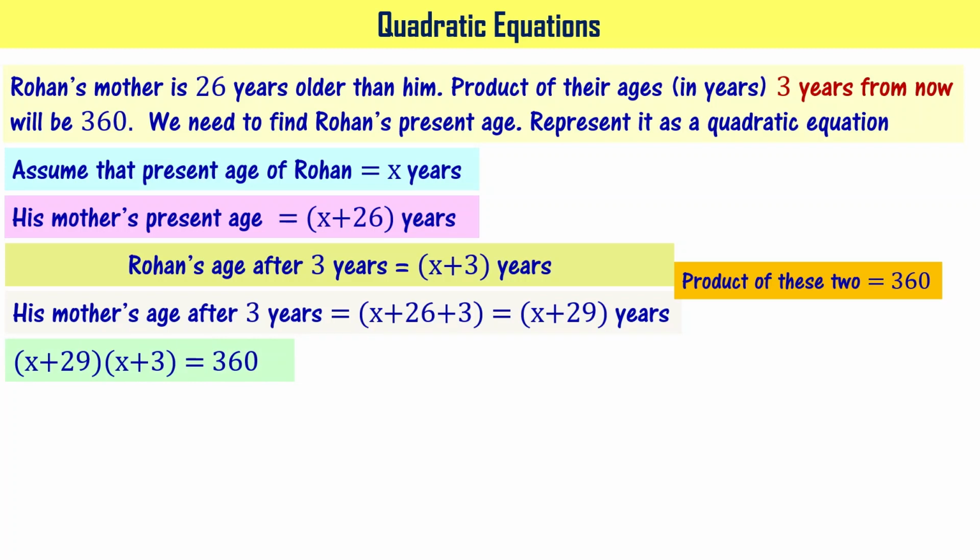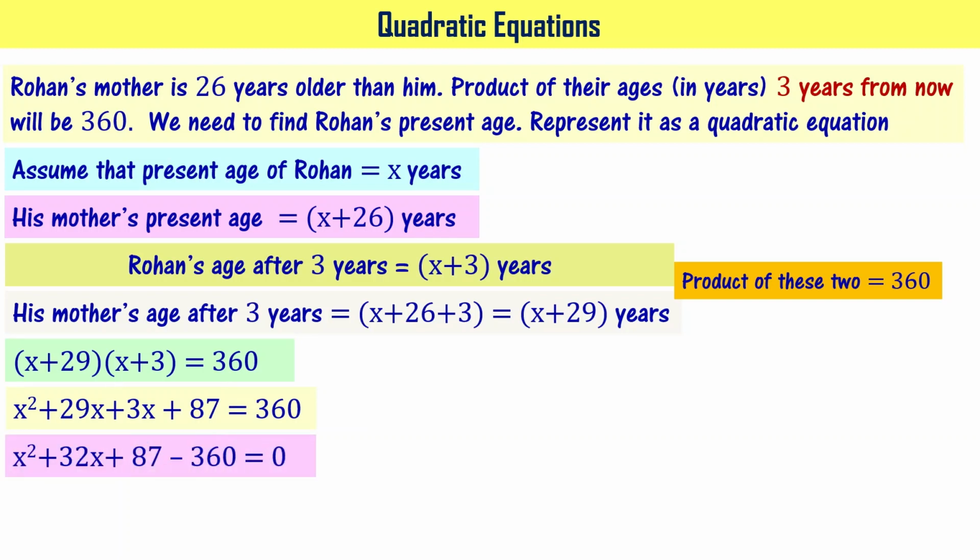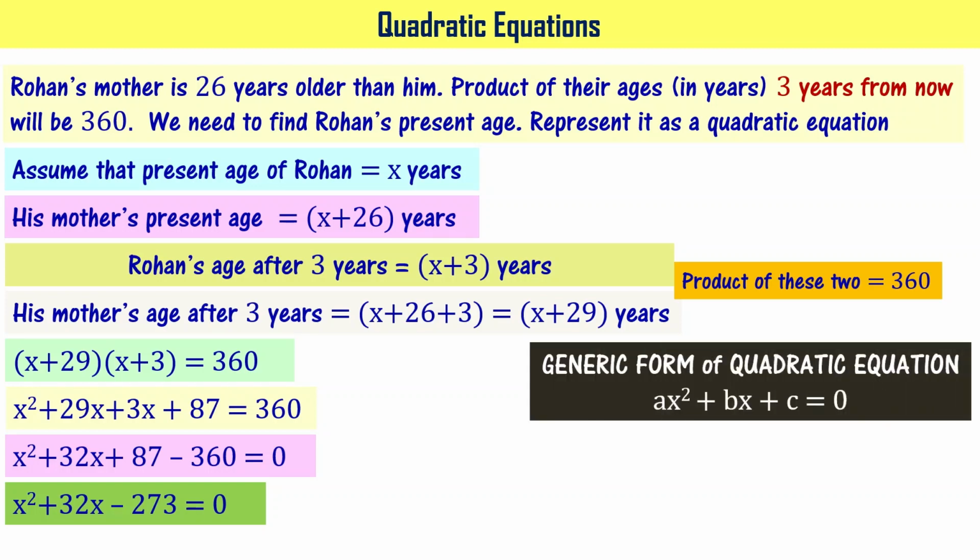When you multiply the LHS and simplify the equation, you get x square plus 32x minus 273 equal to 0. When you solve this quadratic equation, you will know the age of Rohan and his mother, right?